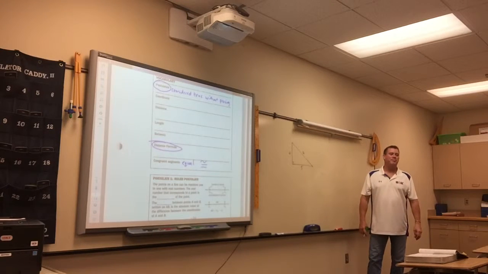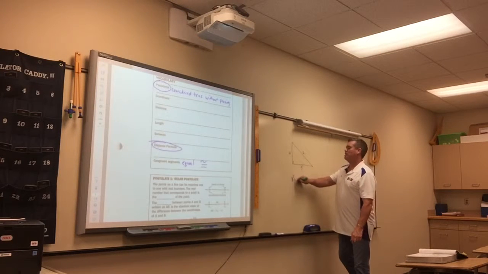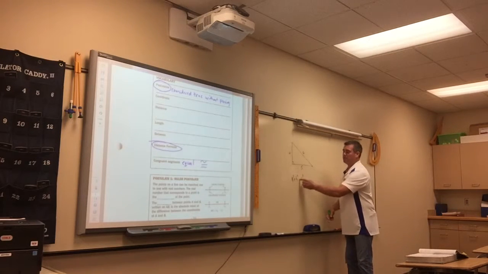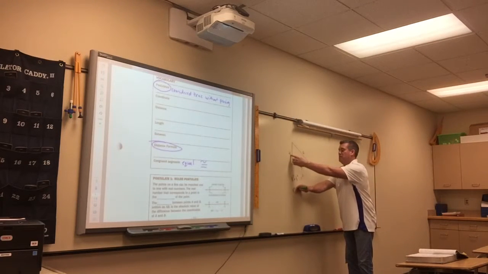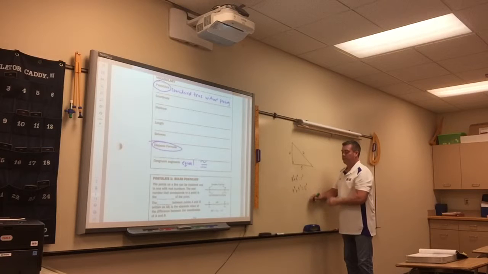It's a theorem. It starts with a P. Pythagorean theorem. A squared plus B squared equals C squared. A and B are the 2 legs. If I take 4 squared and add it to the other leg squared, it's going to equal the hypotenuse squared.